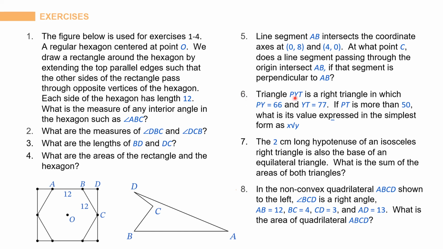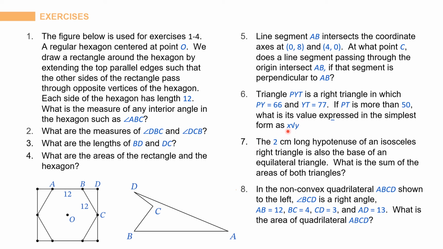6. Triangle PYT is a right triangle in which PY equals 66 and YT equals 77. If PT is greater than 50, what is its value expressed in the simplest form as some number x times the square root of y?